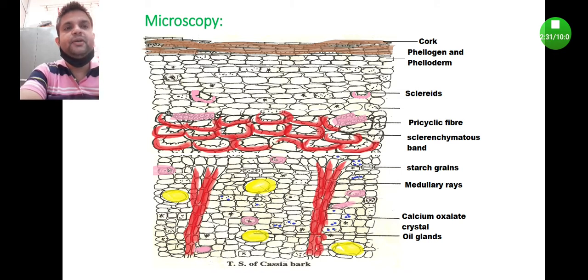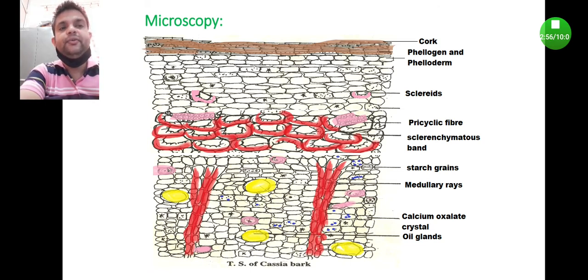The topmost part is known as the cork. Any bark, if we take the transverse section, will consist of the cork, followed by 2 to 3 layers of cells known as phellogen and phelloderm. Both phellogen and phelloderm are merged with each other, hence it is not distinctive.